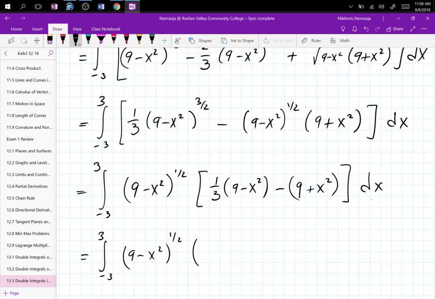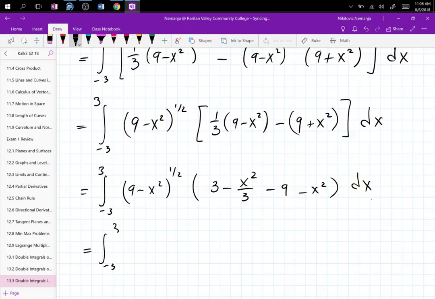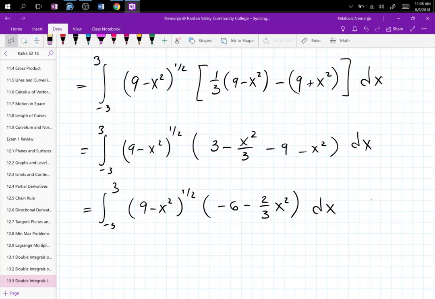When you distribute 1/3, you get 3 minus x squared over 3 minus 9 minus x squared dx, and then we have 9 minus x squared to the 1/2 times -6 minus 2/3 x squared dx. Oh, this is wonderful. This is amazing.